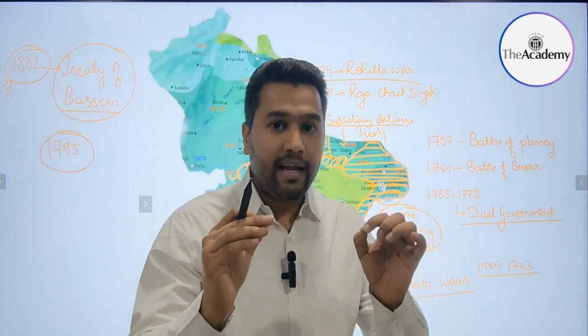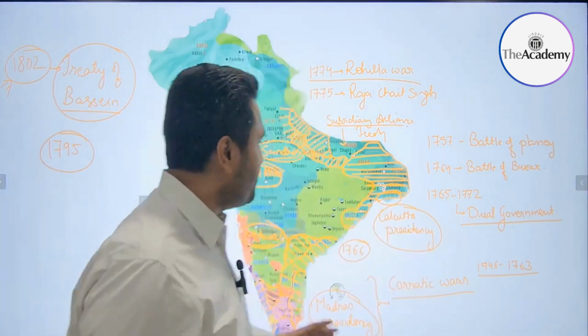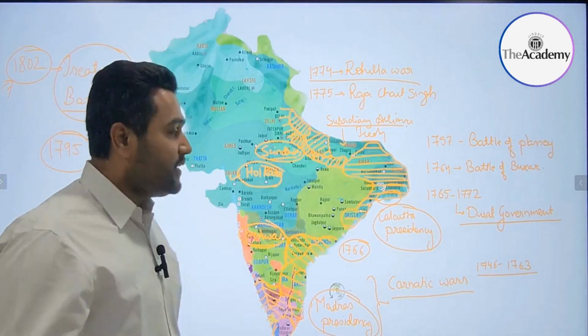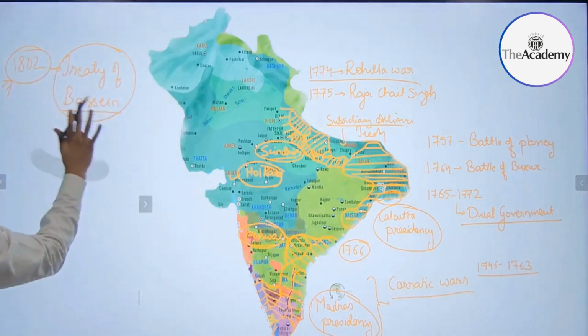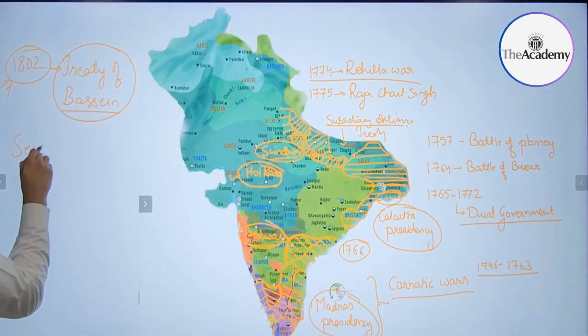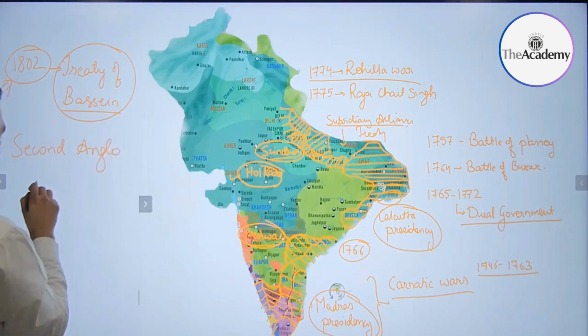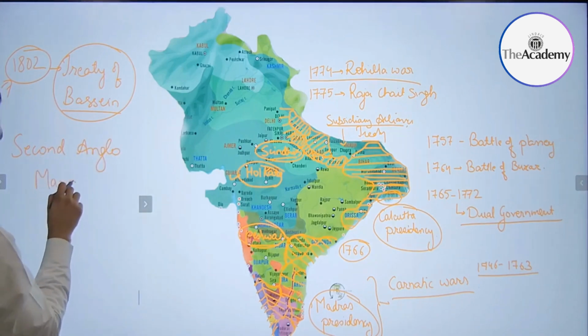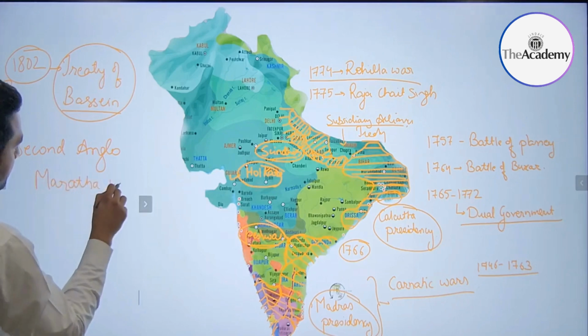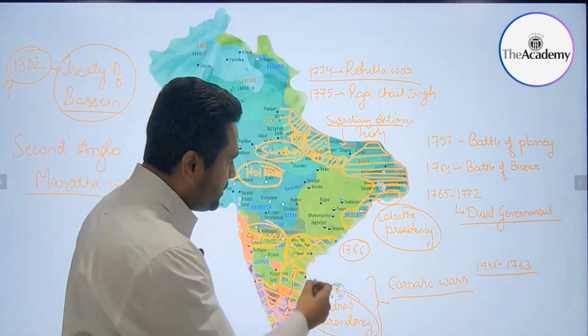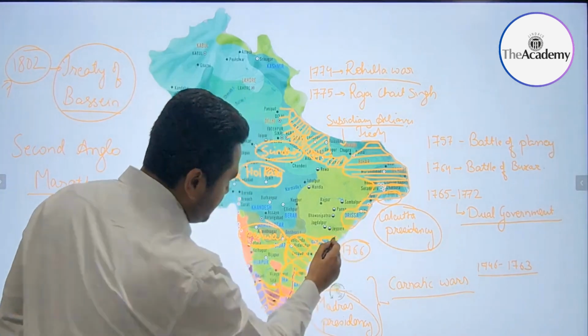Now, this Subsidiary Alliance Treaty was not acceptable to all other Maratha Sardars, and this led to the Second Anglo-Maratha War. So we see up till now that the British have gained significant success.